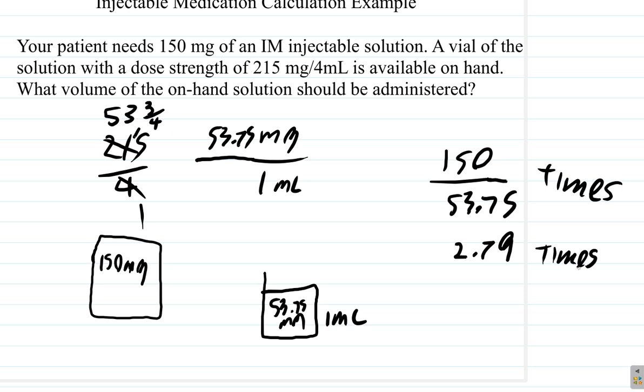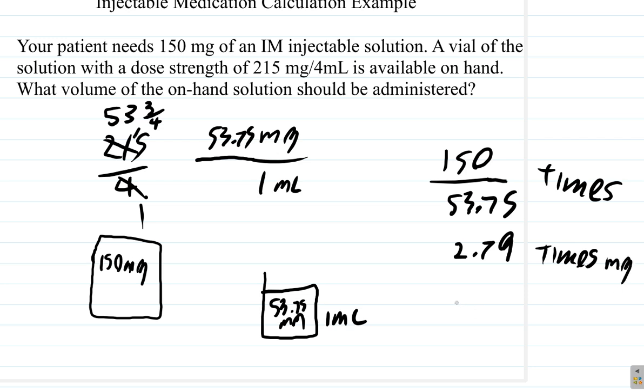All right, 2.79 times the milligram available. But now, here we're looking at 1 milliliter of the solution. So the number of times larger the milligram is, is the same number of times larger the milliliter is.